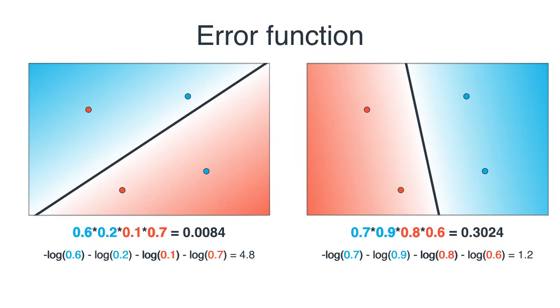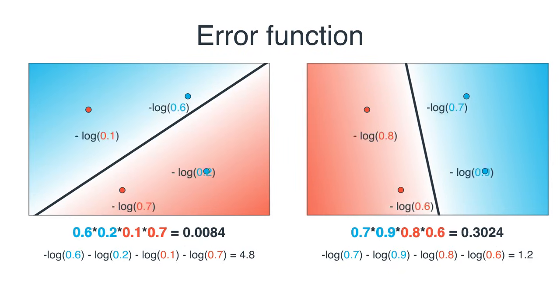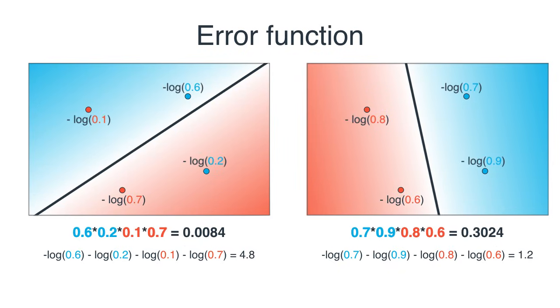So now we have a genuine error function, and to each point we can assign the corresponding negative logarithm of the probability, and that's going to be the error function that we assign to every point. That's going to be the penalty. And if we add them, we get the total error.